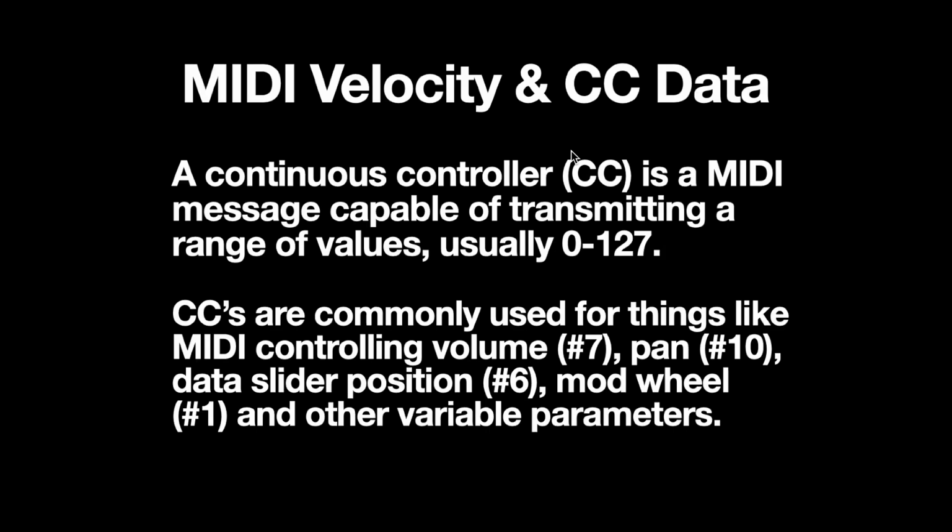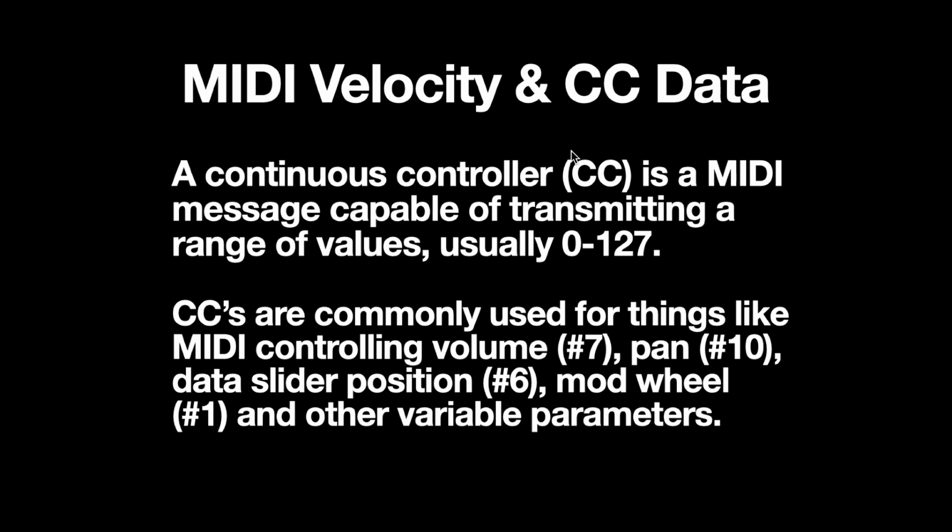And on these channels, besides the notes that are being transmitted and the velocity and the duration, there's also other data that's being transmitted called CC data, continuous controller data.